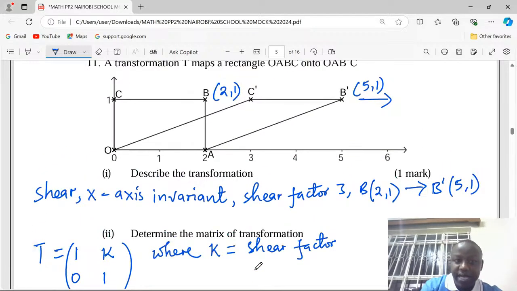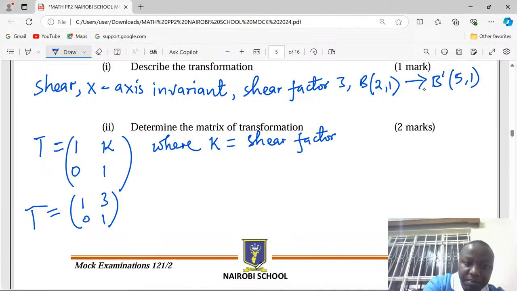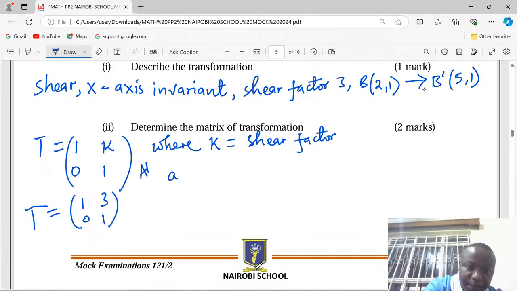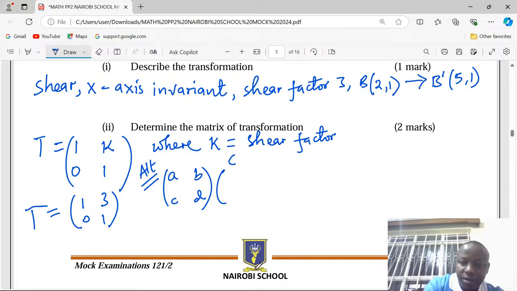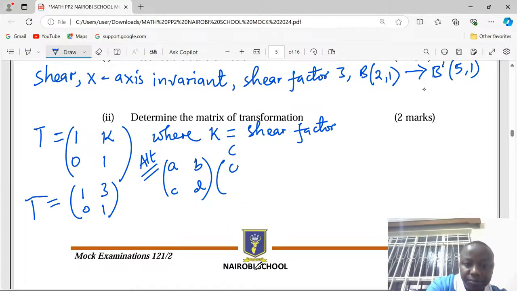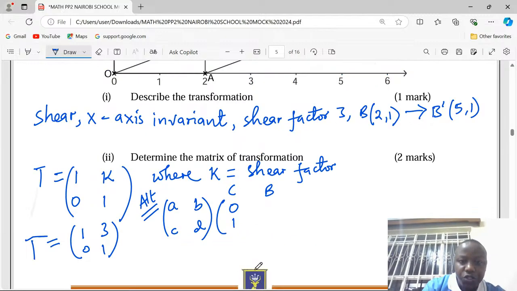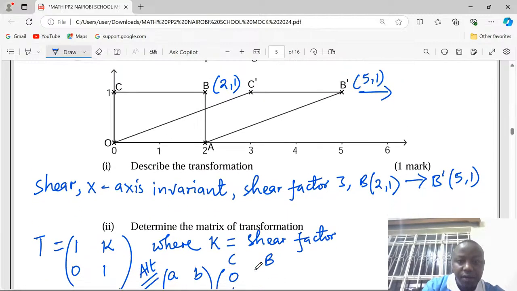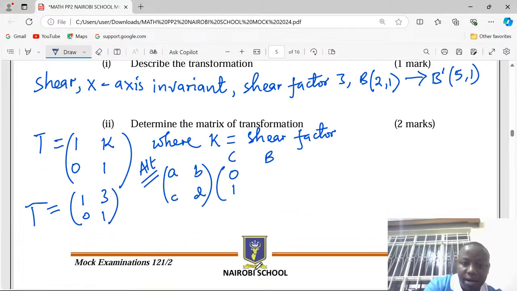You can say that a coordinate C is being mapped by a matrix A, B, C, D. The coordinates of C are 0, 1, and B's coordinate is 2, 1.